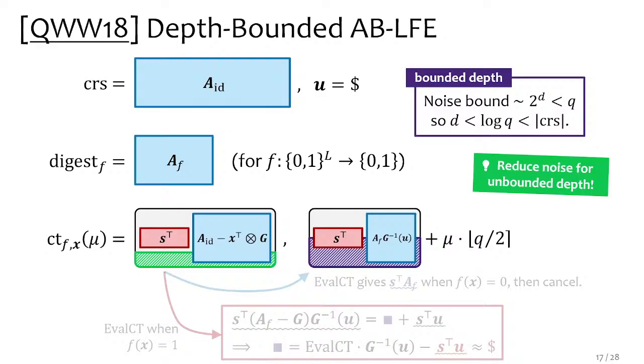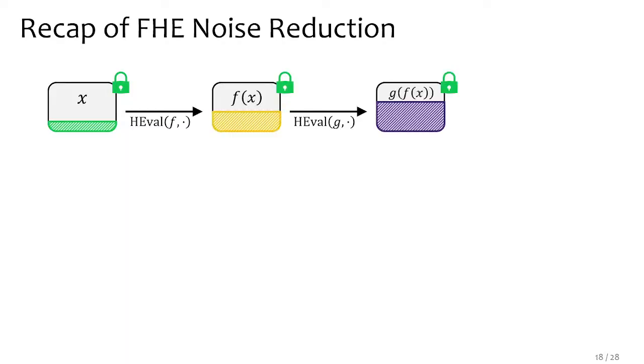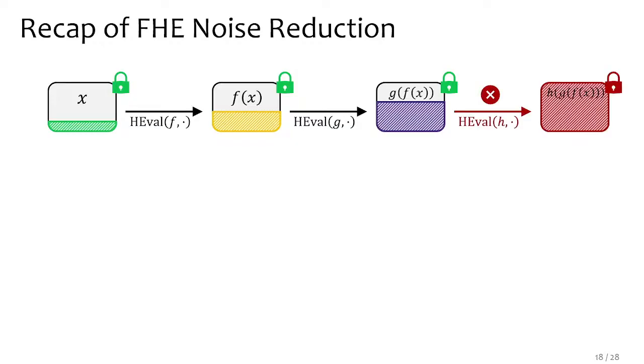So for that, let's recap how FHE does this. Suppose we start with a fresh ciphertext of x. You can do homomorphic evaluation to obtain a ciphertext of f(x), but it will have a moderate amount of noise. Then you can evaluate another function. It will have a large amount of noise. It's still decryptable, but it's about to overflow. So if you try that again, your message is flooded, so you cannot decrypt.